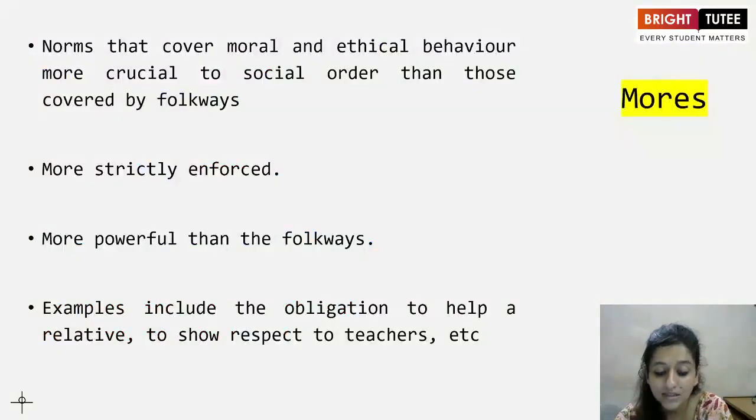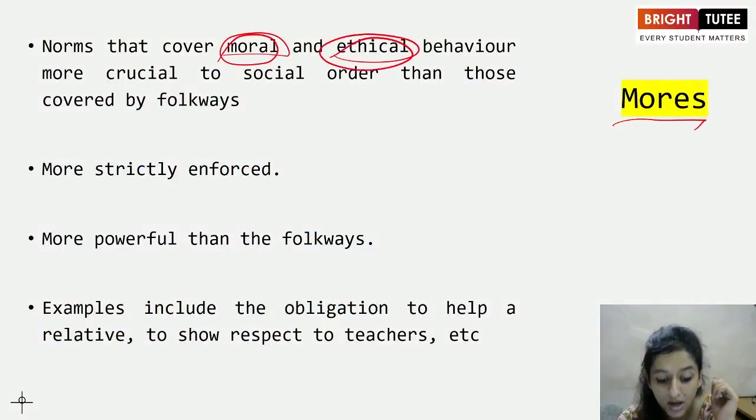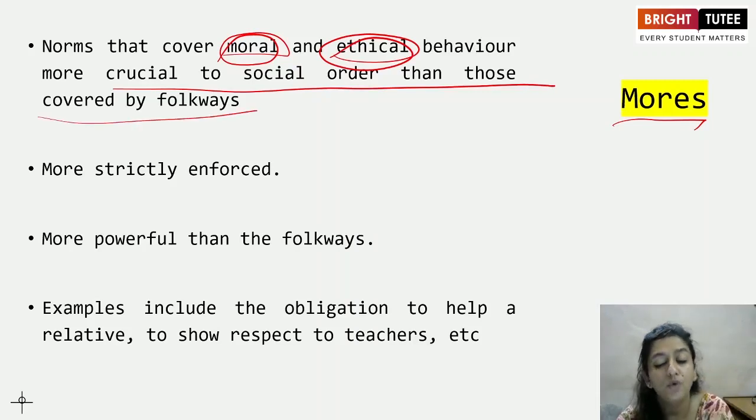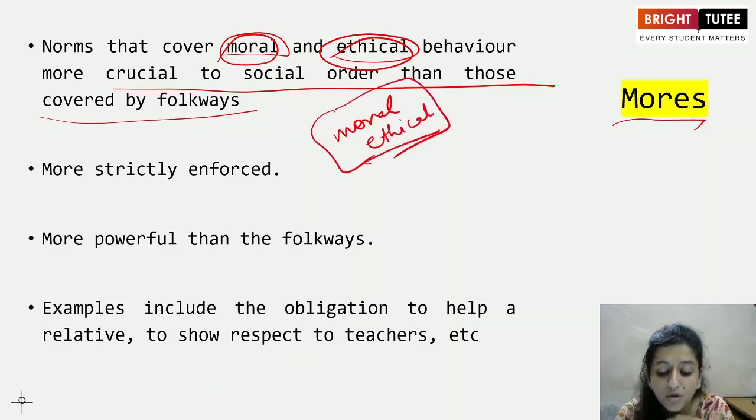Talking about the next aspect, the mores: norms that cover moral and ethical behavior, more crucial to social order than those covered by the folkways. It is the moral and the ethical behavior majorly which becomes a part of these set social norms.